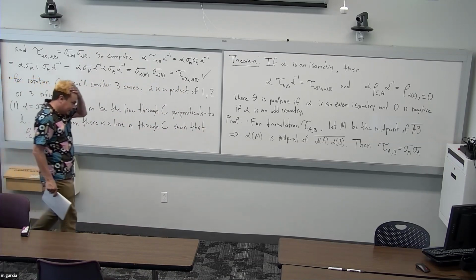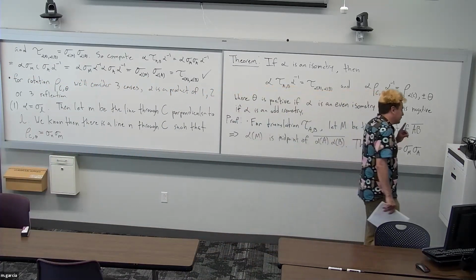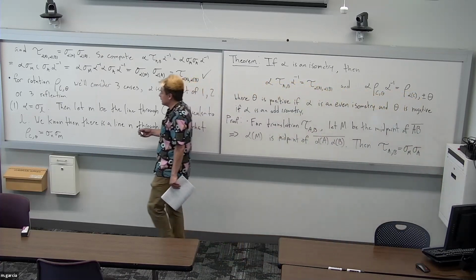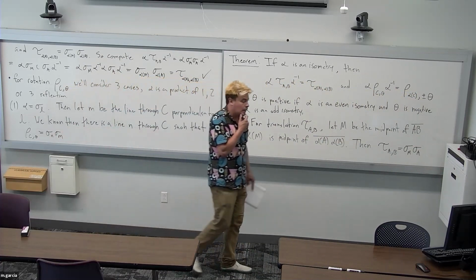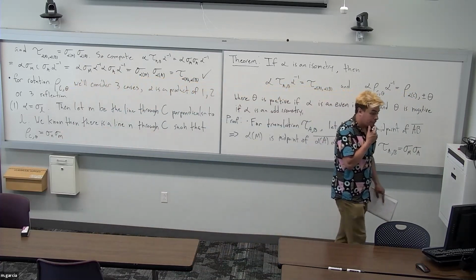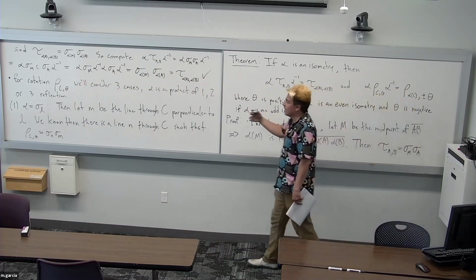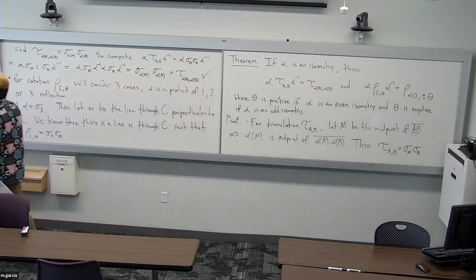N is the line through C that has directed angle measure theta over 2 from M. So this is one of the characterizations of how to express a rotation as a product of two reflections that we gave yesterday.